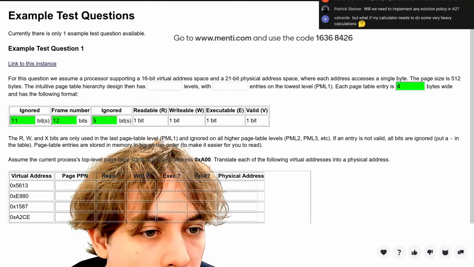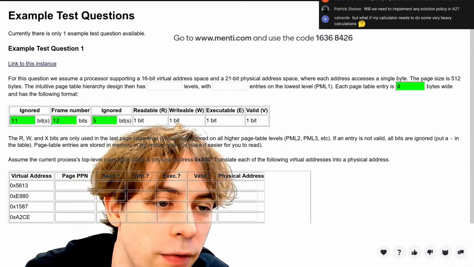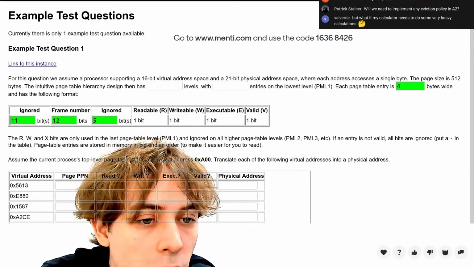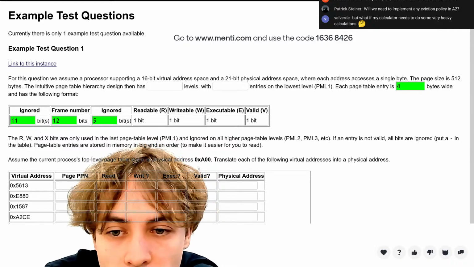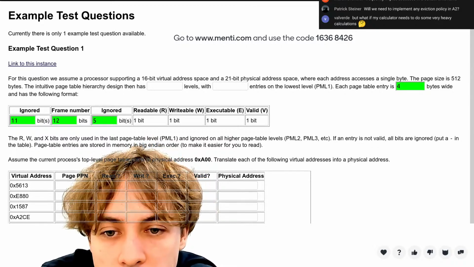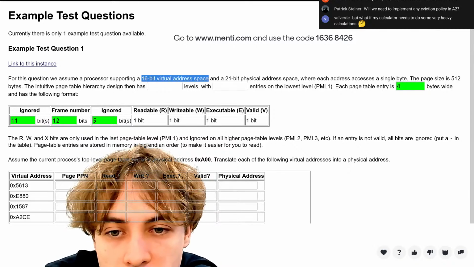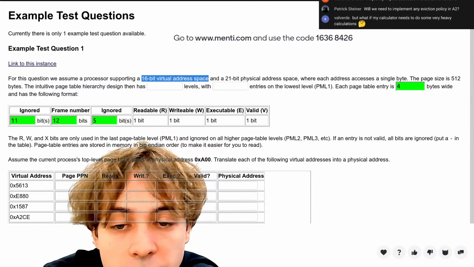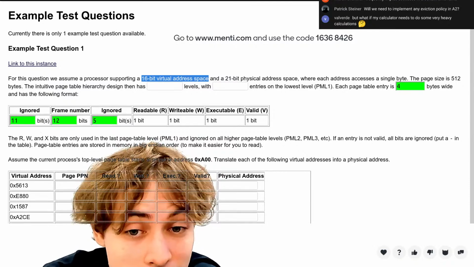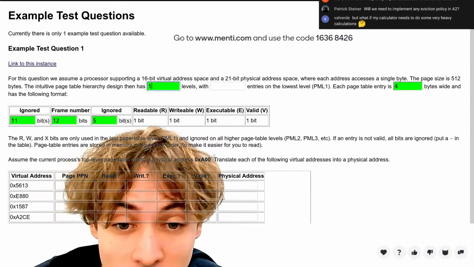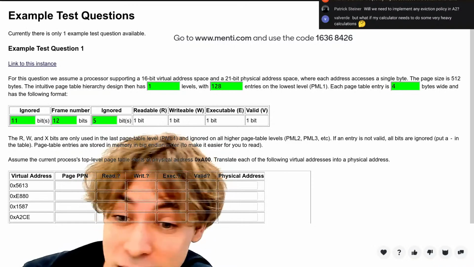How many fit on this one page? We have 512 divided by 4, that's 128. And how many do we need? We have 16-bit virtual addresses here, minus 9. That means we have 7 bits. 2 to the 7 is 128. So we have one level with 128 entries. It fits exactly on this page.